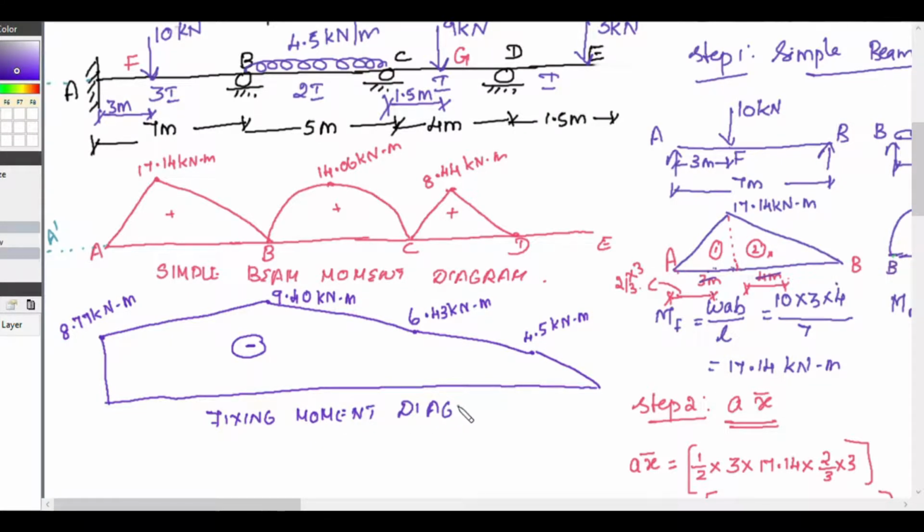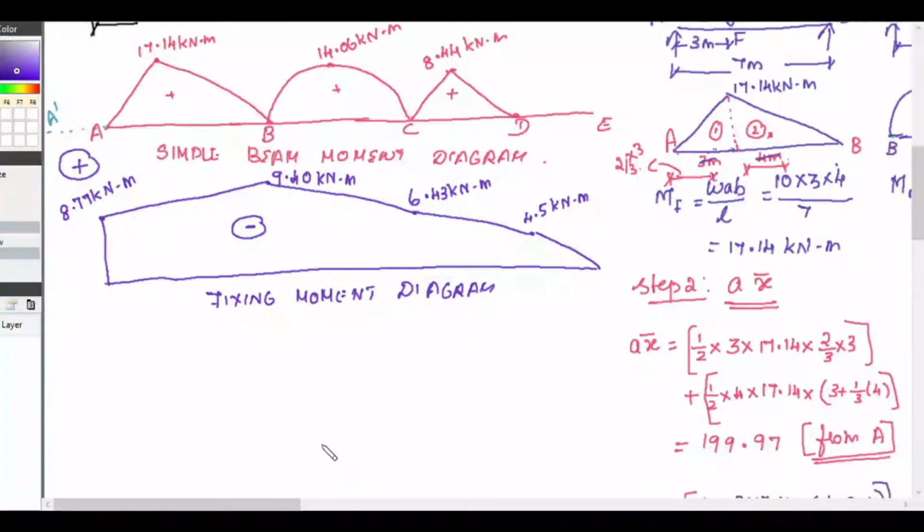Now our bending moment diagram is the summation of the simple moment diagram and the fixing moment diagram. So that we will draw the bending moment diagram.